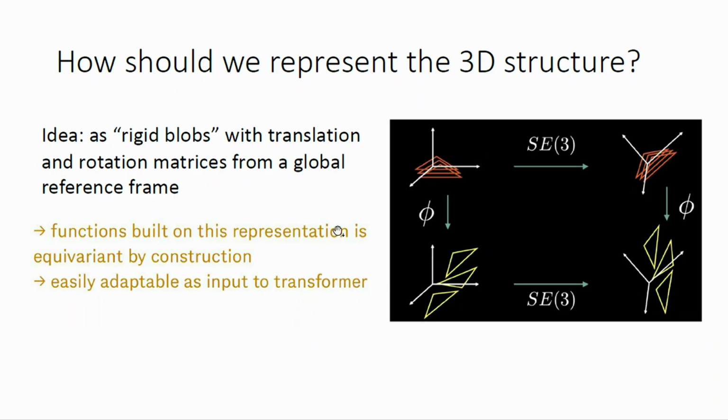So the idea of the rigid body not only reduces the degrees of freedom we need to model for the amino acid, but it also defines a local coordinate system, so that each amino acid has its own local system, which can be uniquely defined.